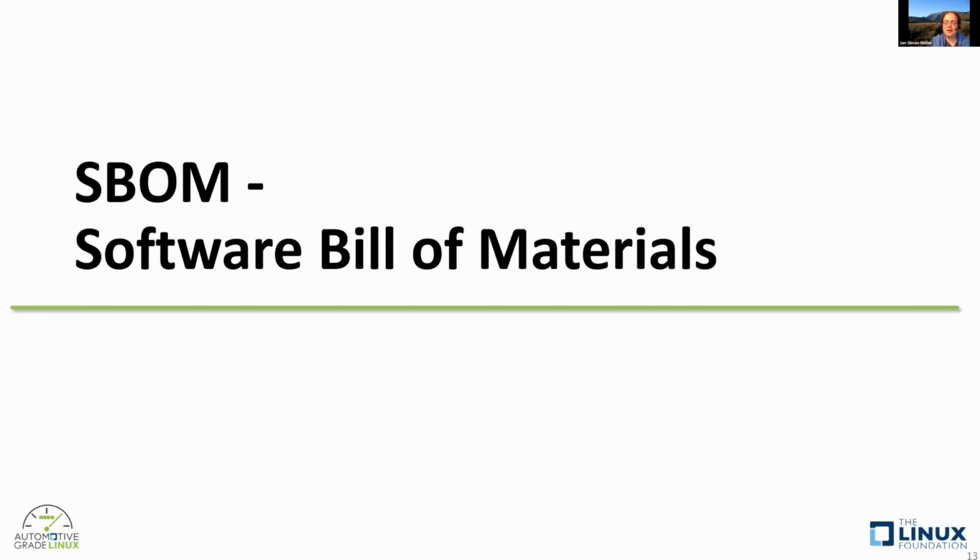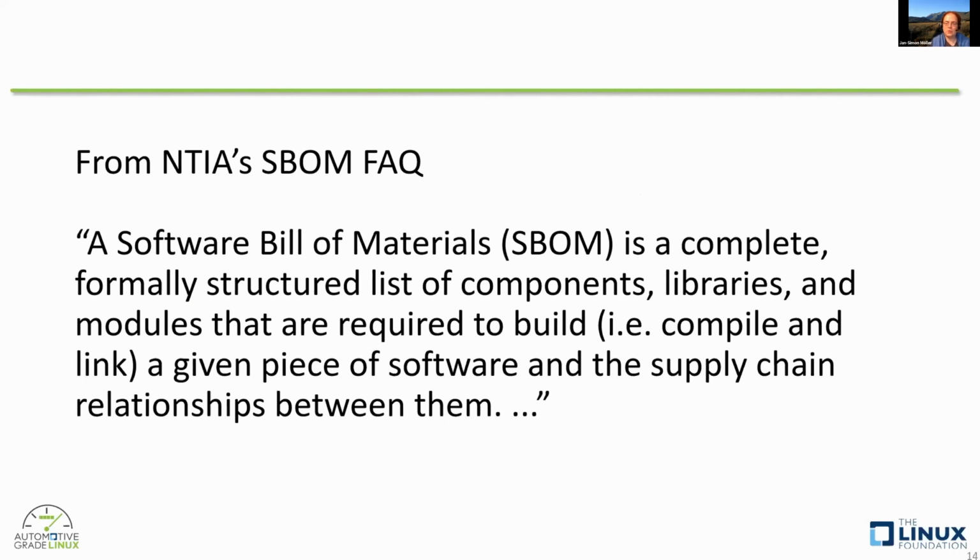And also some quick notes about the software bill of materials and what AGL can help here. So in recent news, there is a lot of buzz about what software bill of material means.